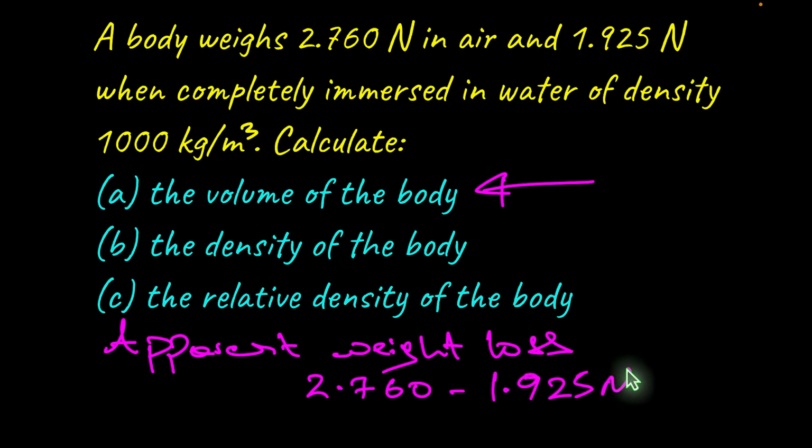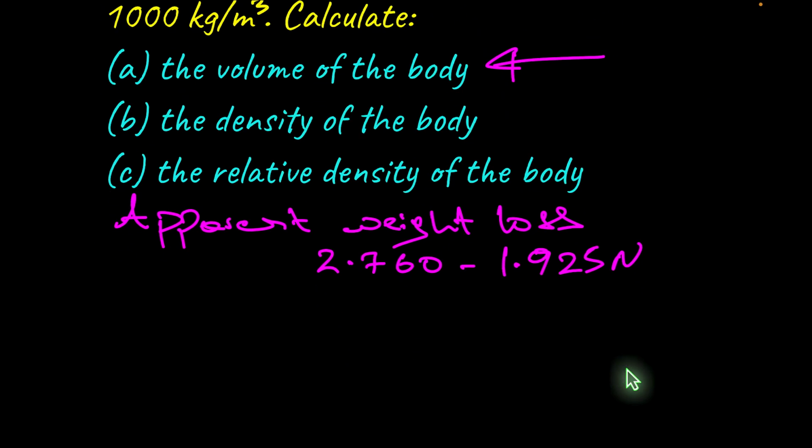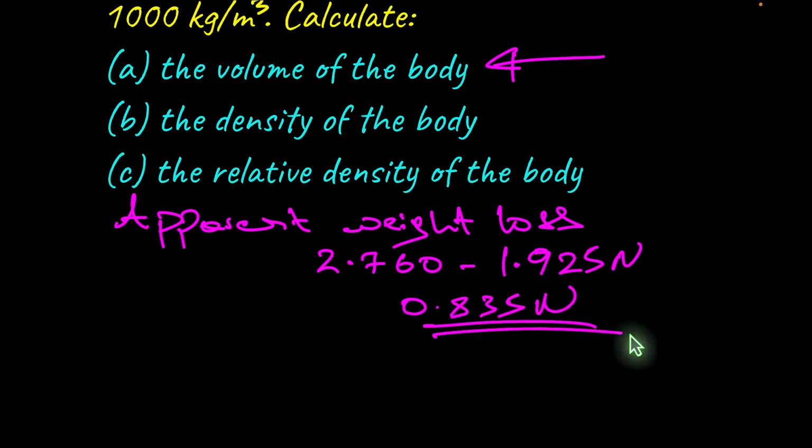So that's looking at the weight in air versus the weight in the fluid and what the difference really is. So this is going to give us 0.835 newtons. So that is representing the difference in weight between our measurement in air and when it's fully immersed.